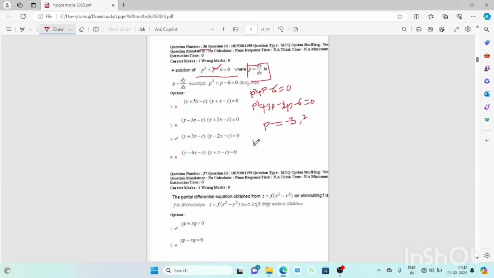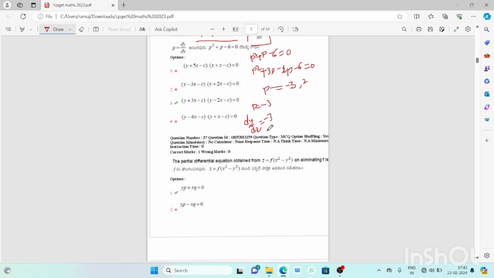So if I consider p is equal to minus 3, we already mentioned that p is equal to dy by dx. So I take dy by dx as p, so dy by dx is equal to minus 3. If you integrate these terms by separating, taking this dx to the right hand side, we get y is equal to minus 3x plus some c1. Taking these terms to the left hand side, you will get this type of function.